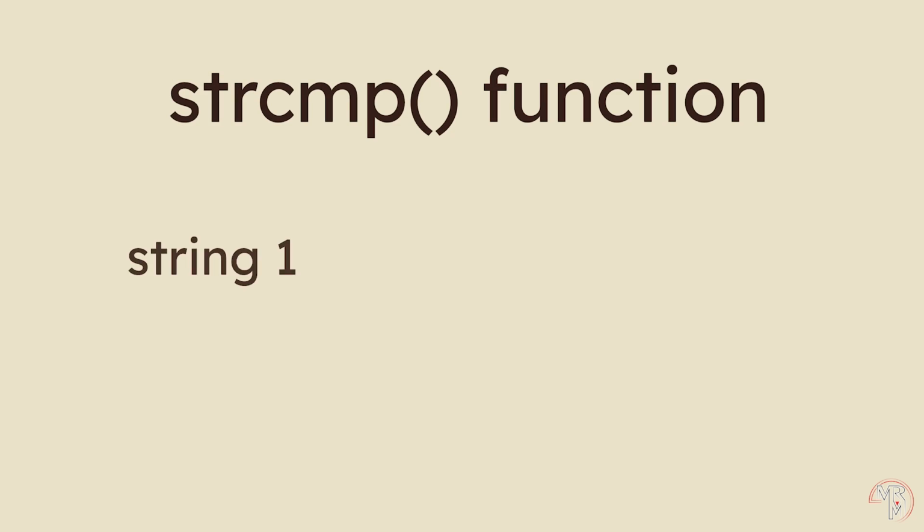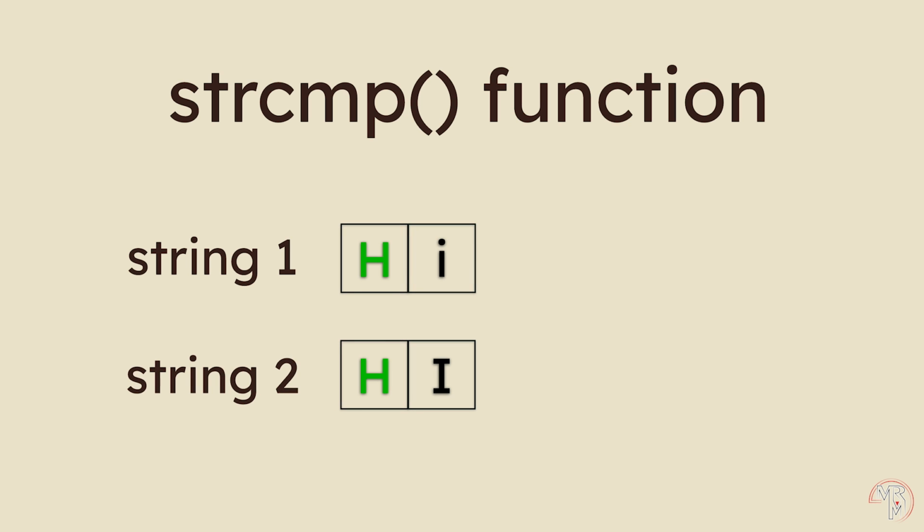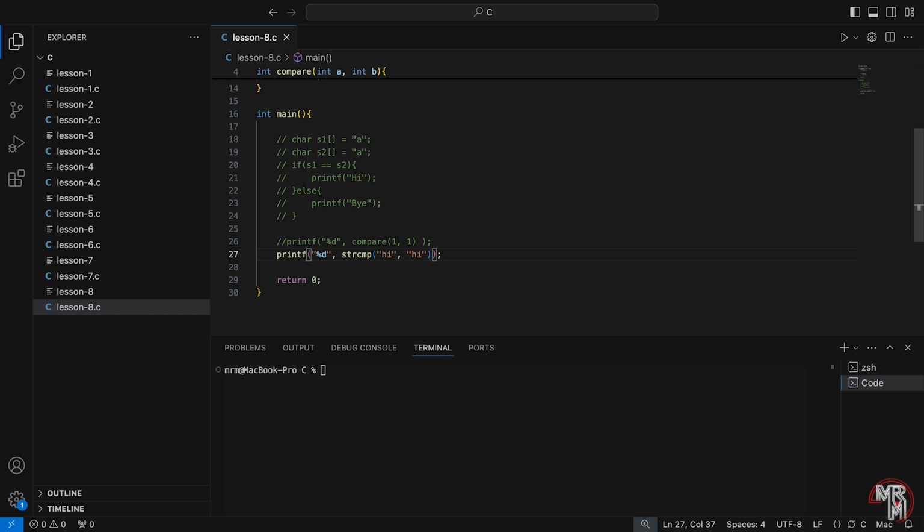What the strcmp function does is it compares each character of the first string with the corresponding character of the second string until it finds a pair of non-identical characters. In this case, the strings are considered not equal. However, if all characters are the same, the strings are considered equal. So if the two strings that we pass as parameters are equal, the strcmp function returns 0.